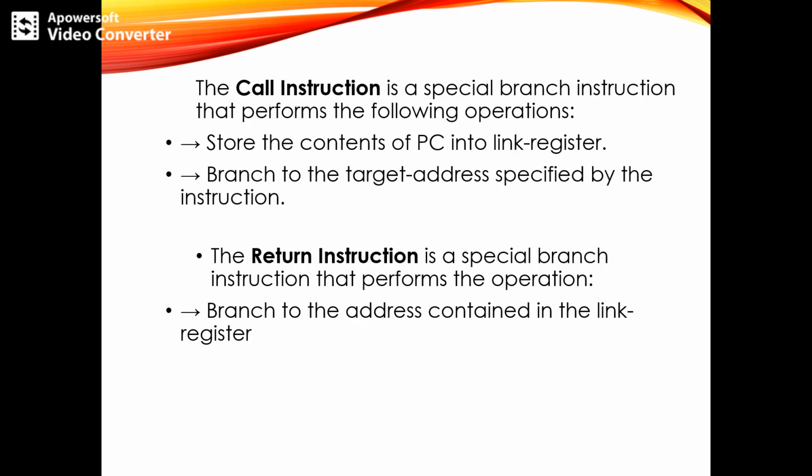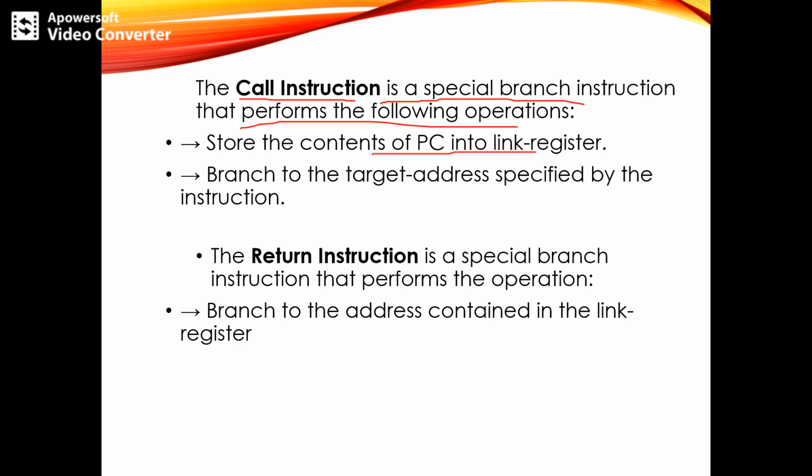Now let's see what happens during the call instruction. The call instruction is a special branch instruction that performs the following operations. Initially it stores the content of PC into the link register.